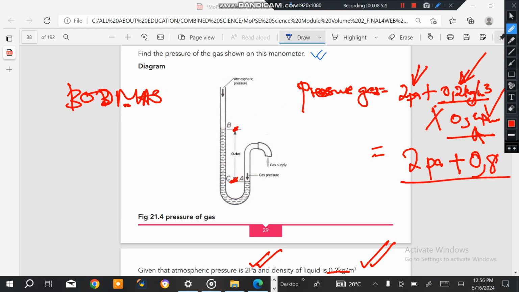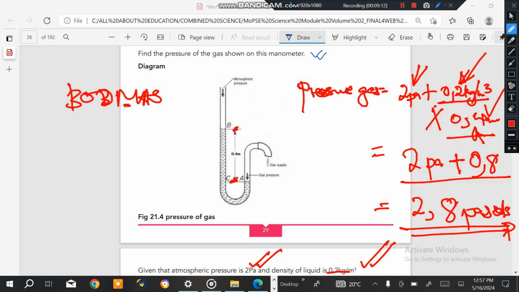Then you add the 2, and you obtain 2.8 pascals, because remember this is pressure. Pressure is measured in pascals.